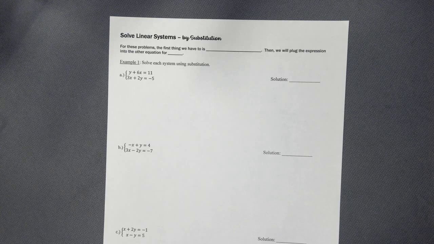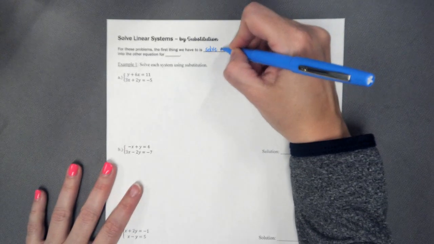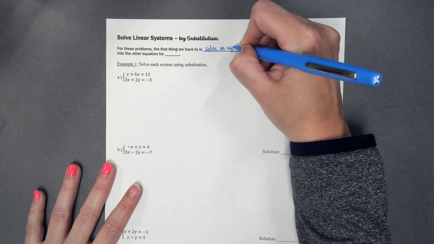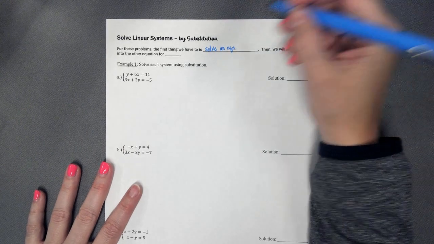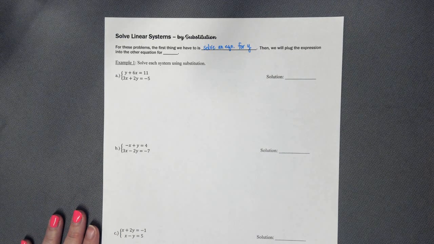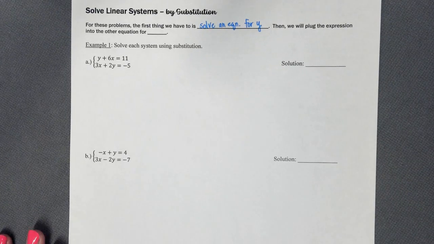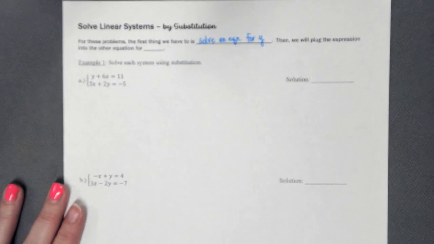So for these problems, the first thing we have to do is solve an equation, I'm just going to abbreviate equation EQN, for y. Okay, so when you solve an equation for y, you want it to be y equals some value. You want it to be y equals some expression here.